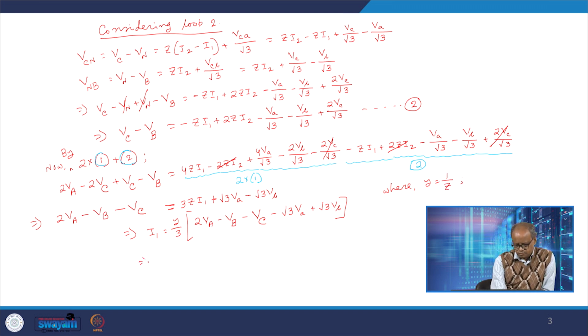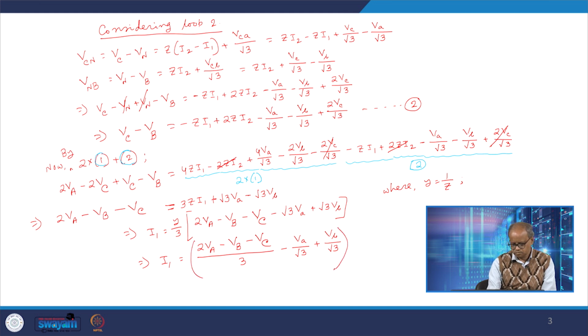Alright, so therefore I can write down I1 is equal to 2Va minus Vb minus V capital C by 3, then minus Va by root 3 plus Vb by root 3, whole into Y, right?